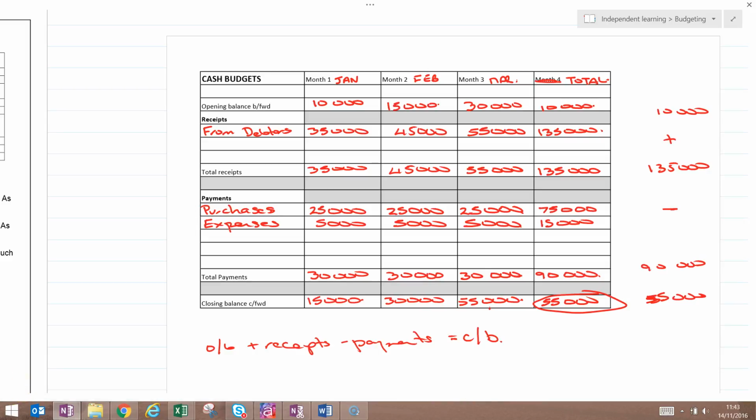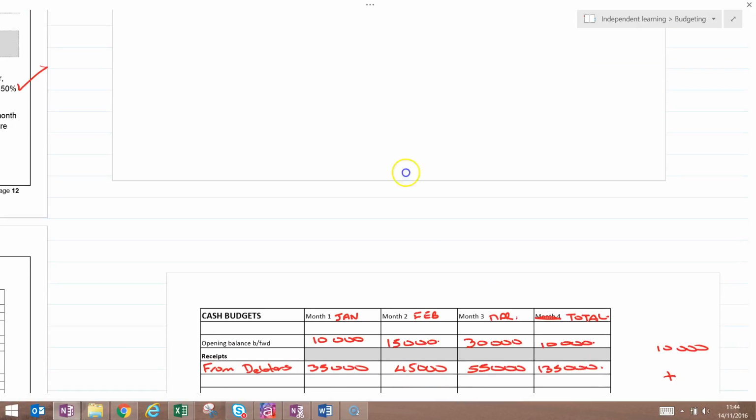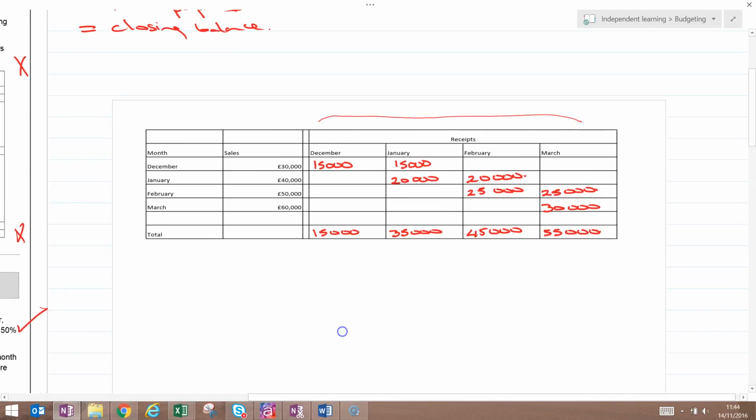Now, every budget that you do, I would strongly suggest you approach it the same way. So work out your receipts from your debtors or from your customers by drawing up a table like I have done here and working out how much you are going to receive each month.